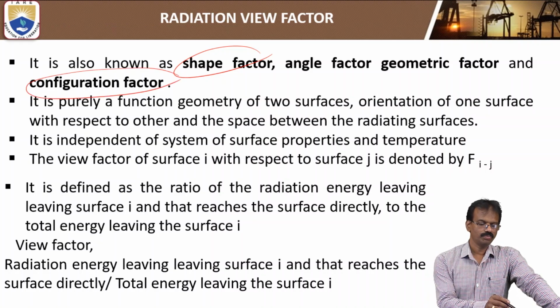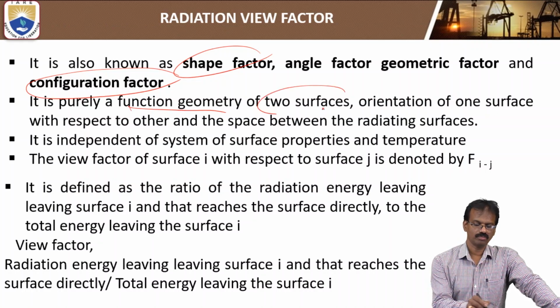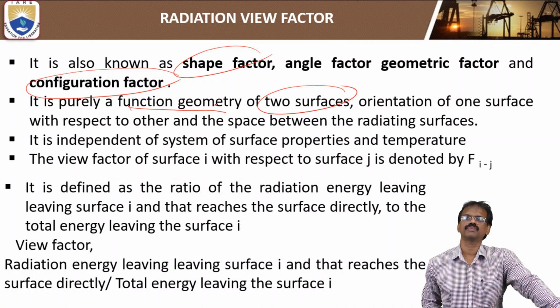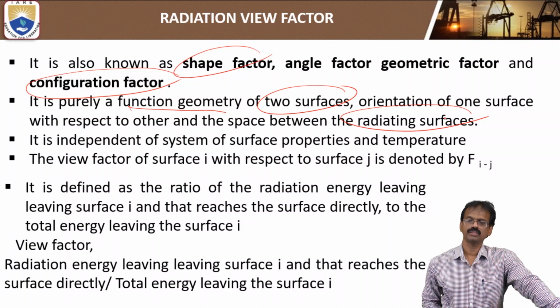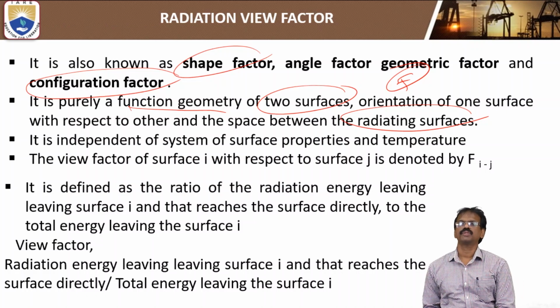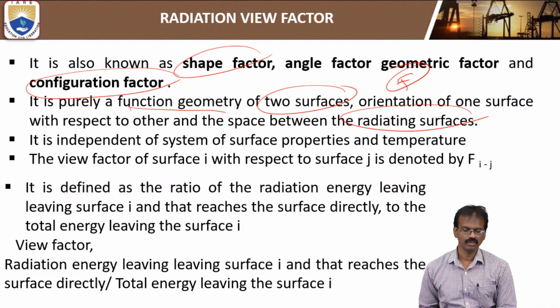It is purely a function of the geometry of two surfaces: the positioning or orientation of one surface with respect to the other, and the space between the radiating surfaces. Based upon these two, we take the view factor. It is independent of the system's surface properties and does not depend on temperatures.